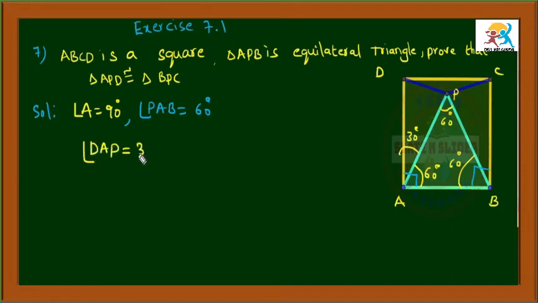The same is applicable for the triangle PBC also. Here also it is 30 degrees. So I am writing angle PBC is equal to 30 degrees. So let us select the two triangles which are to be proved as congruent. I am going to take the triangles, triangle APD, triangle BPC.